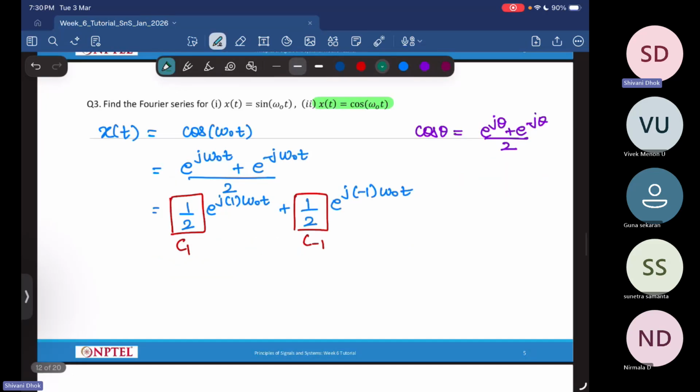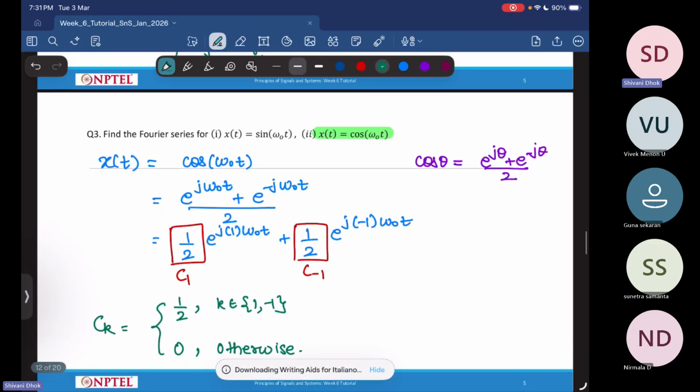So your Ck is equal to 1 by 2 when k is either 1 or minus 1, and it is 0 otherwise. Is it clear? Any questions?